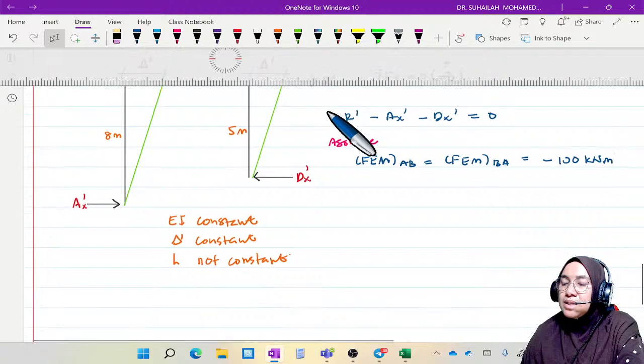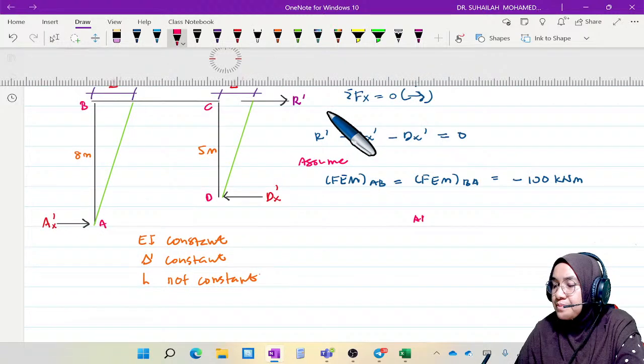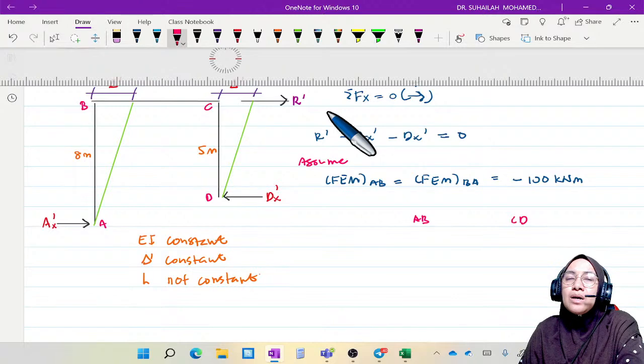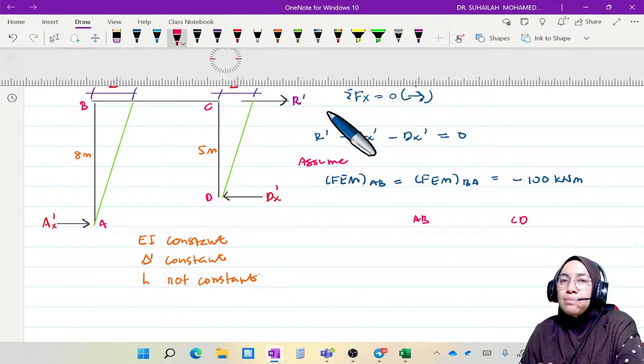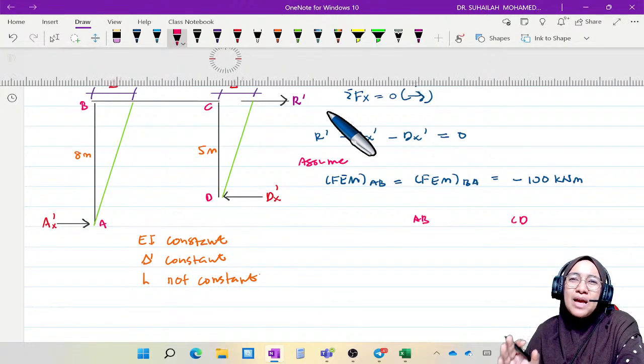Now, to calculate the FEM for the members, with the frame A, B, C and D, I want to calculate member AB and member CD. In this type of frame, whenever both columns are straight, we can only calculate FEM for the columns.